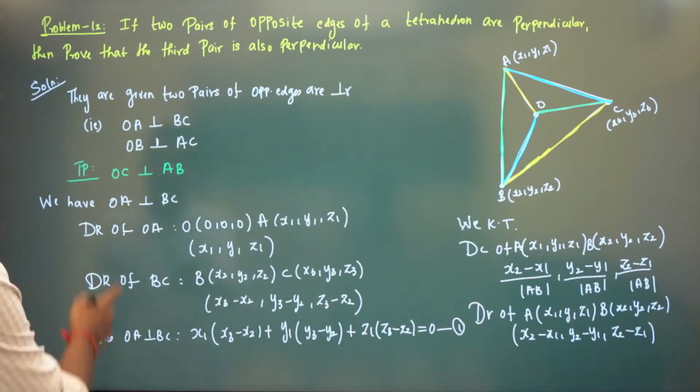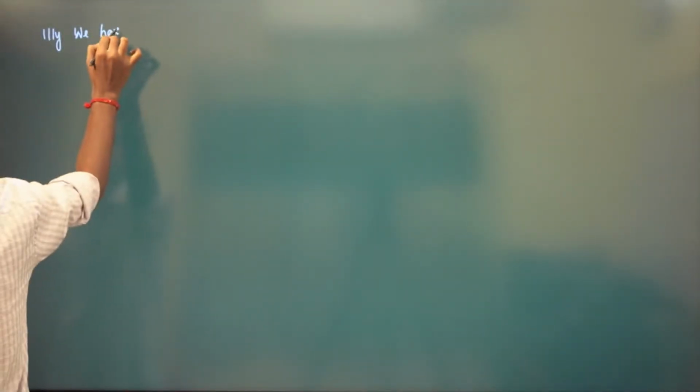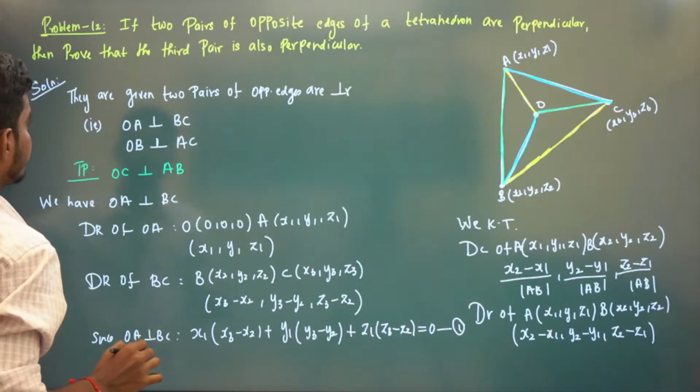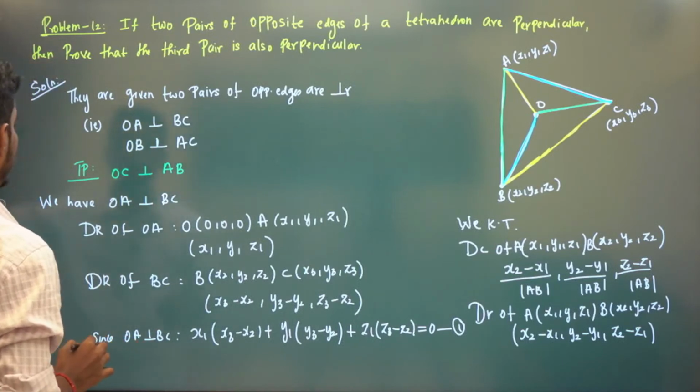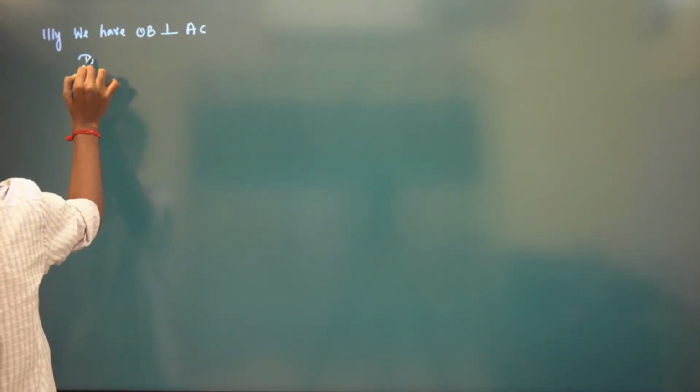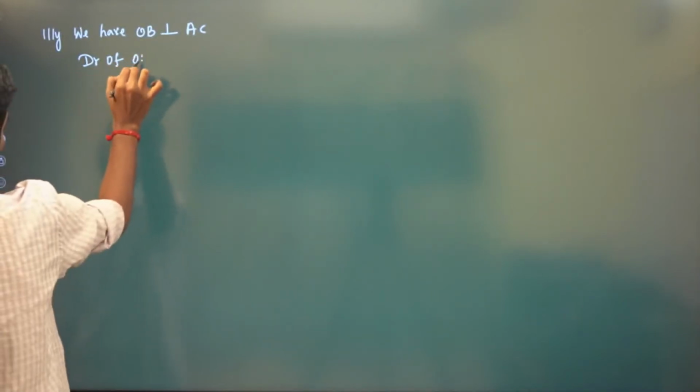Now similarly, we have OB is perpendicular to AC. What is the direction ratio of OB?